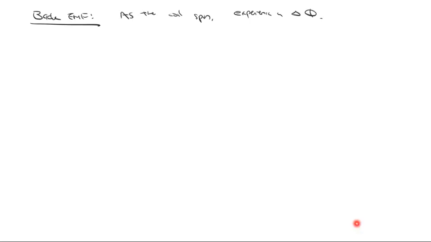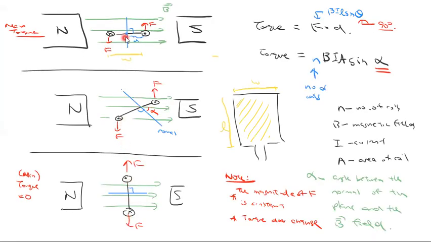Maybe just think of our diagram here. The coil is flat, so there are no flux lines passing through. This is a case where phi equals 0, flux equals 0. When you turn it, the flux is some number, because some lines are now passing through.